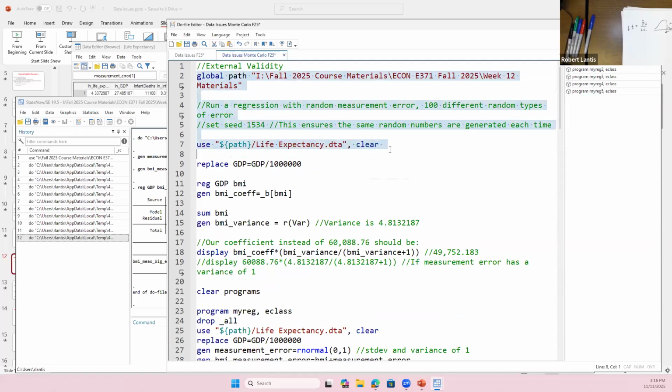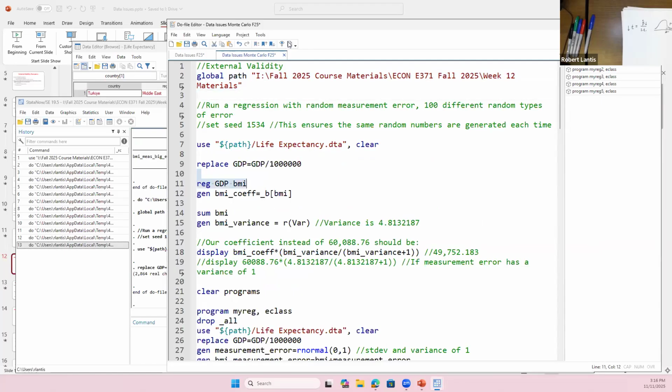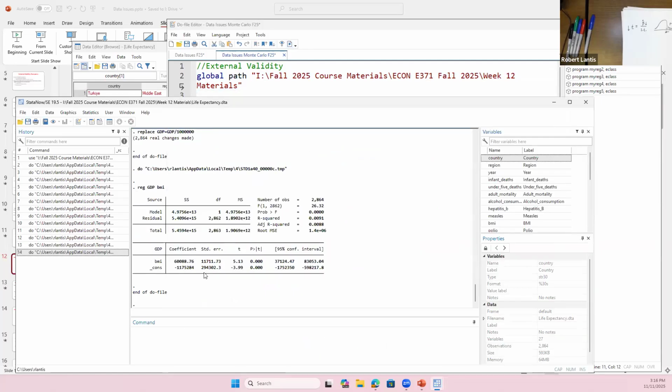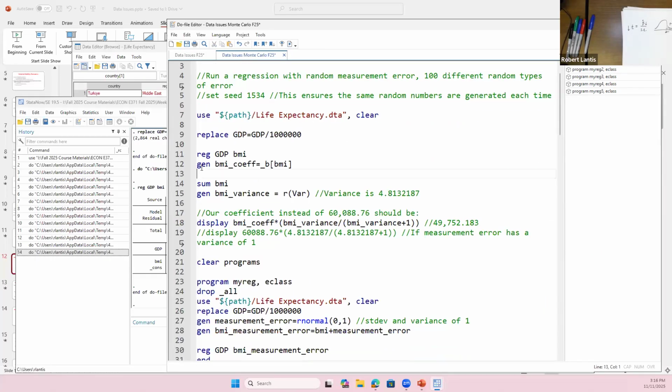I'm then going to open up that life expectancy data, scale GDP, just to make that coefficient easier to look at. And then we're going to run that same regression of BMI, trying to predict GDP. We get that 60,088. That's the actual coefficient, what it should be. First, I'm going to save what the actual coefficient is.